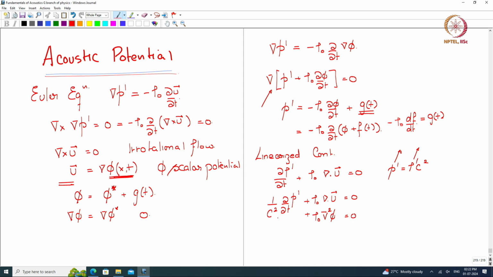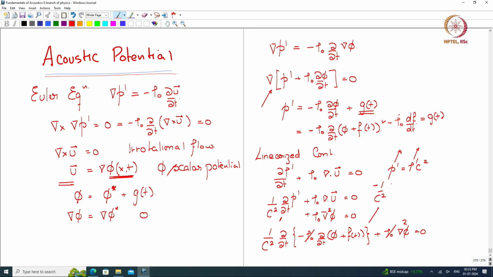Now what happens here? I have 1 over c squared del by del t, I will take it from here now, minus rho 0 del by del t of phi plus f of t, plus rho 0 del square phi equal to 0. Then rho 0 goes away. Let me bring it here so that I am on the same page.